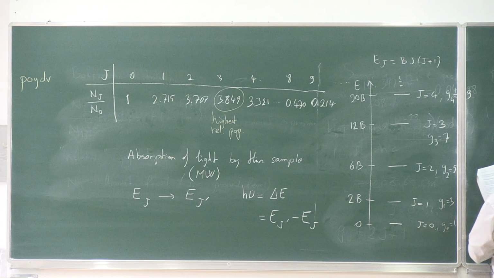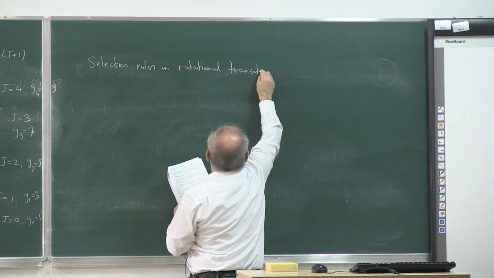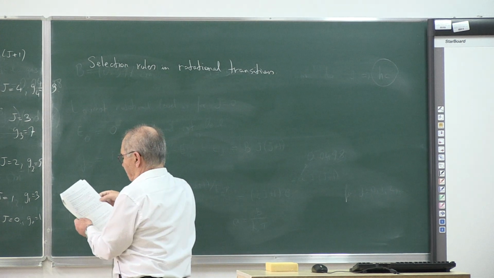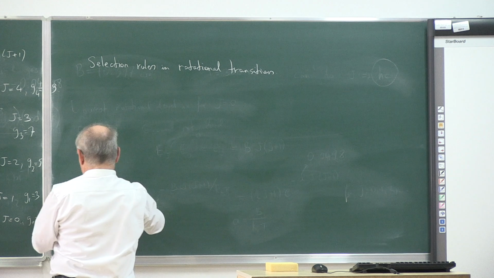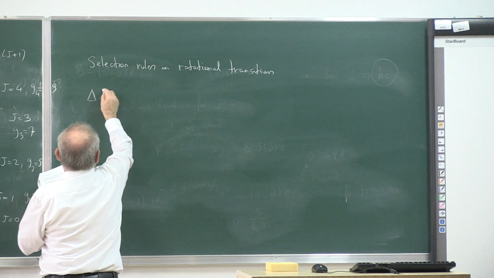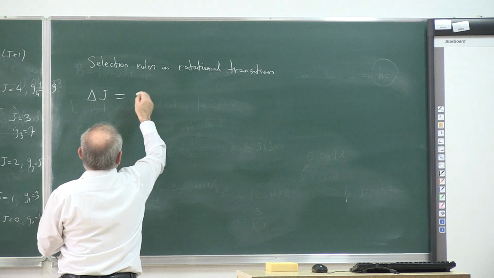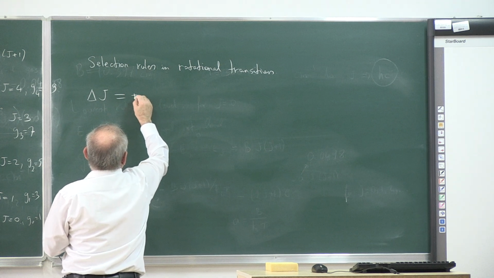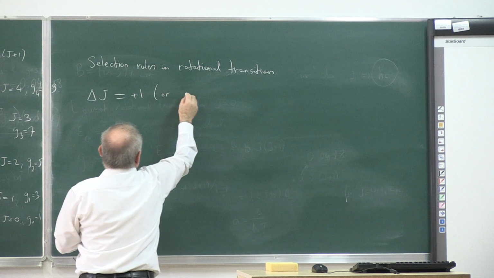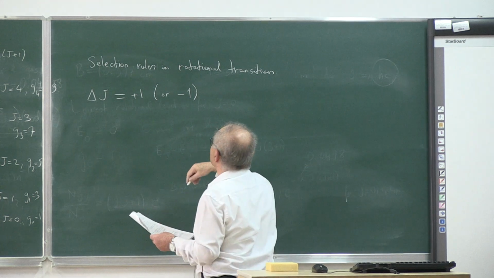Selection rule in rotational transitions. The change in the rotation quantum number, J, delta J, is restricted to either +1 or -1.